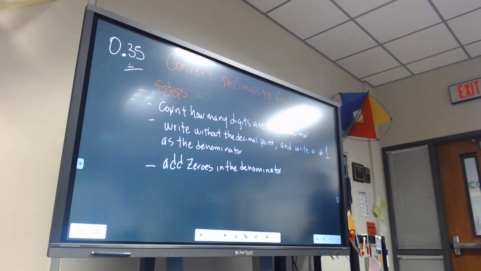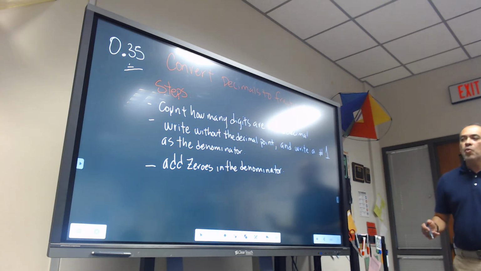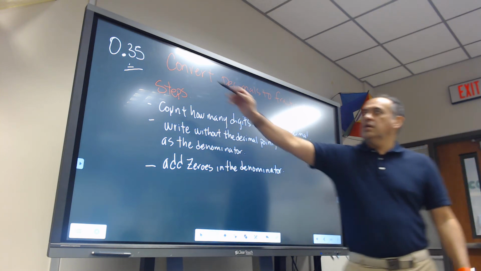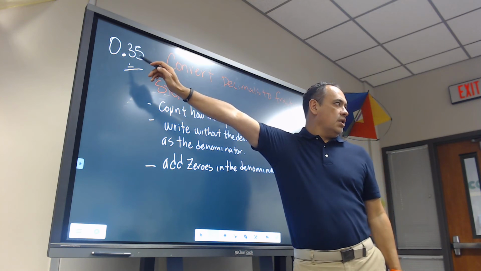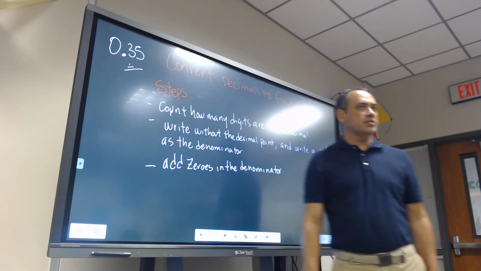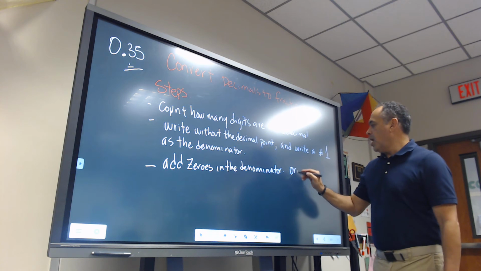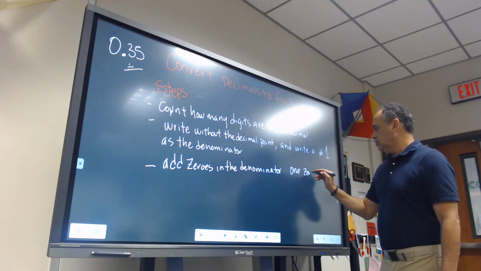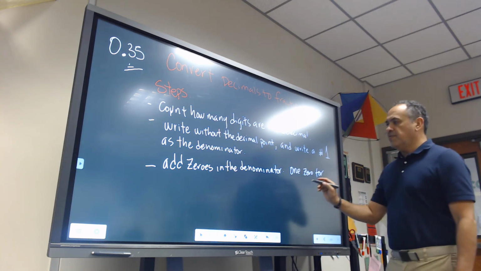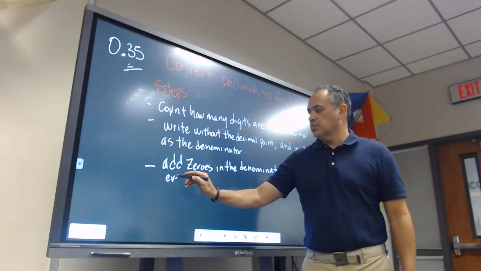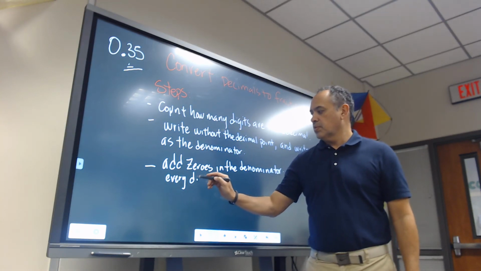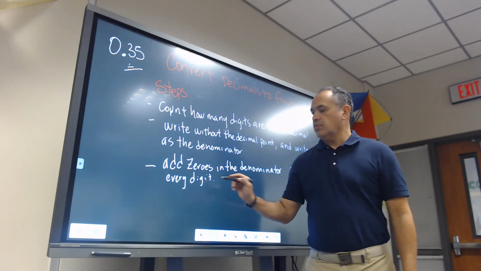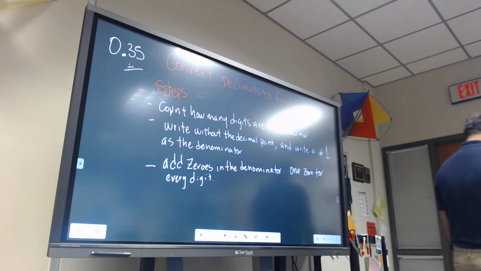How many zeros? 2. Well, 1 per digit, right? 1 zero for every digit. One zero for every digit.